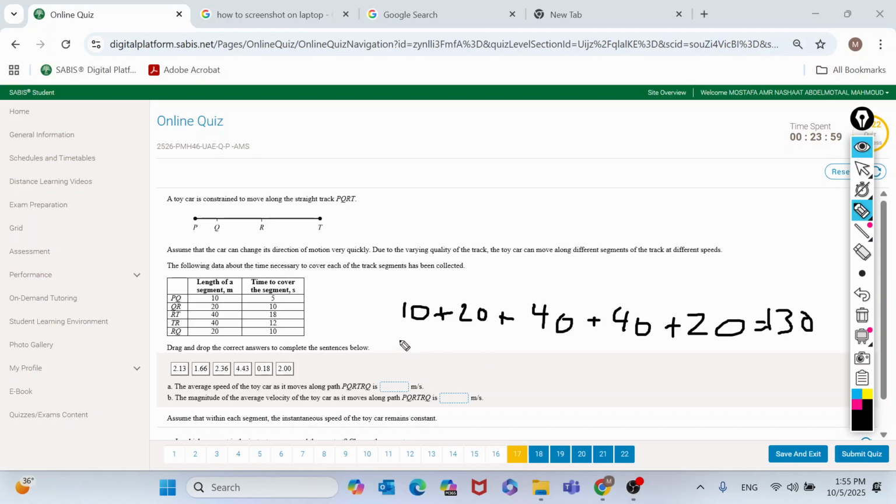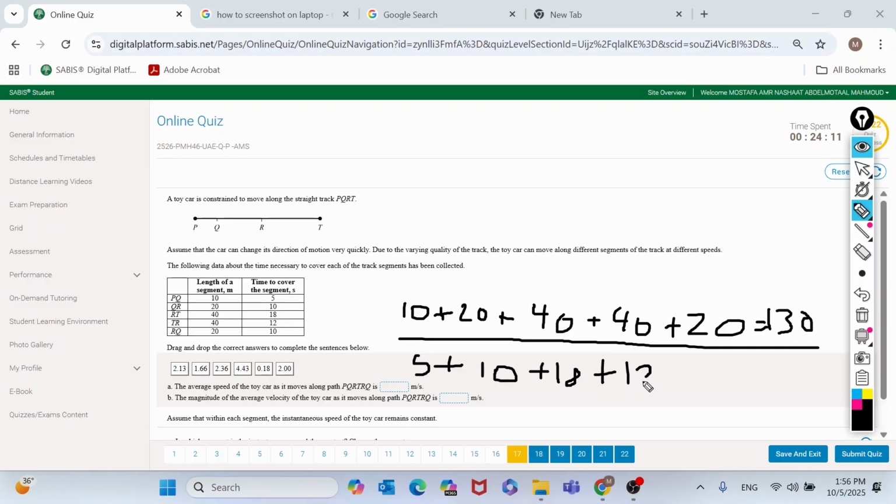over time. So what's the time going to be? 5 plus 10 plus 18 plus 12 plus 10. You get 55, plus 10 plus 18.